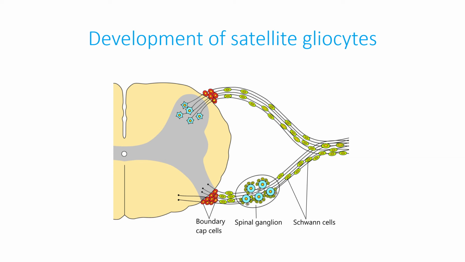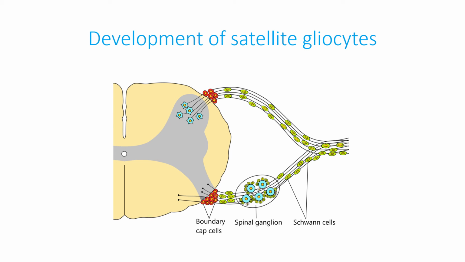Like all the PNS gliocytes, satellite cells develop from neural crest cells, with boundary cap cells being an intermediate stage. Boundary cap cells form clusters on the surface of the neural tube and later on the developing spinal cord at entry and exit points of peripheral nerve roots.